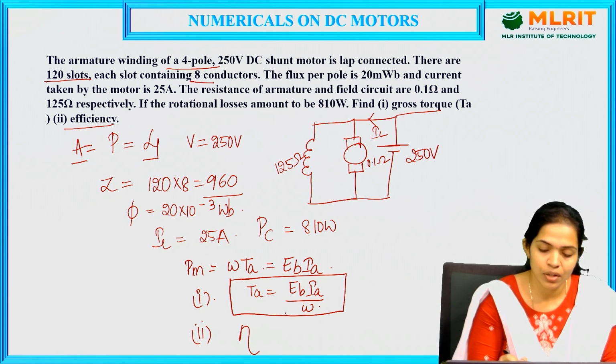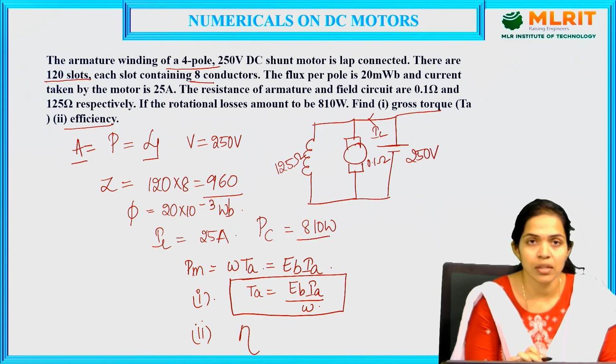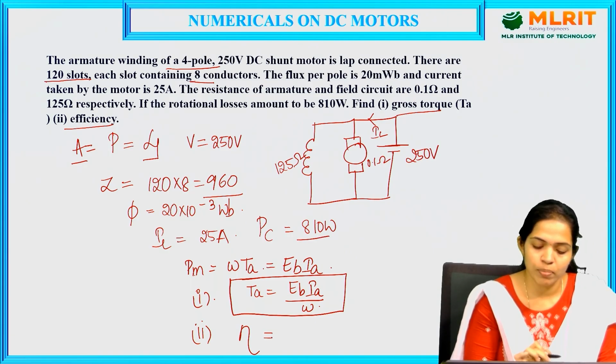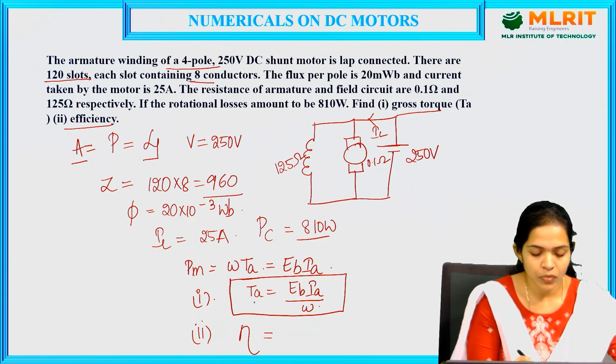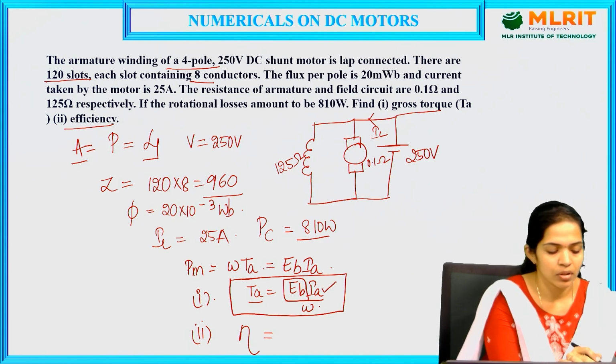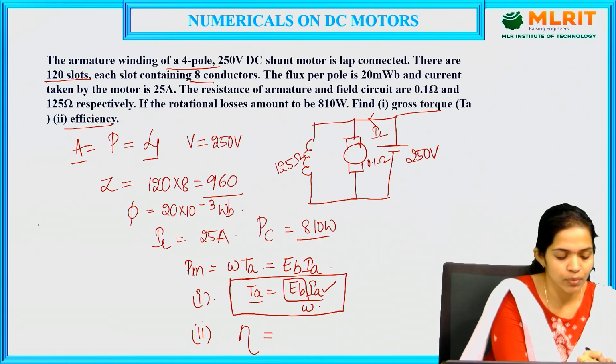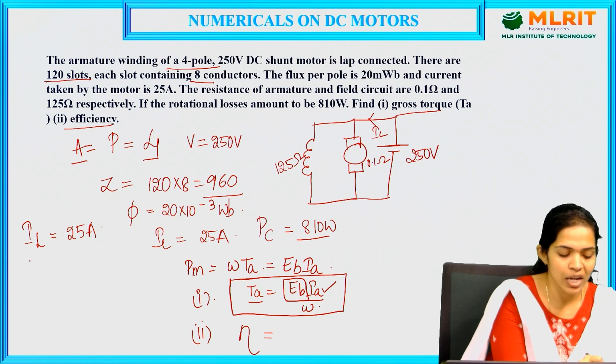He has given the constant losses. Now we need to find the input and output power and the torque for this particular case. So to calculate the torque, we require first EB and then we also require IA. So to calculate IA, we know that the line current is already given as 25 amps. We need to calculate the shunt field current.